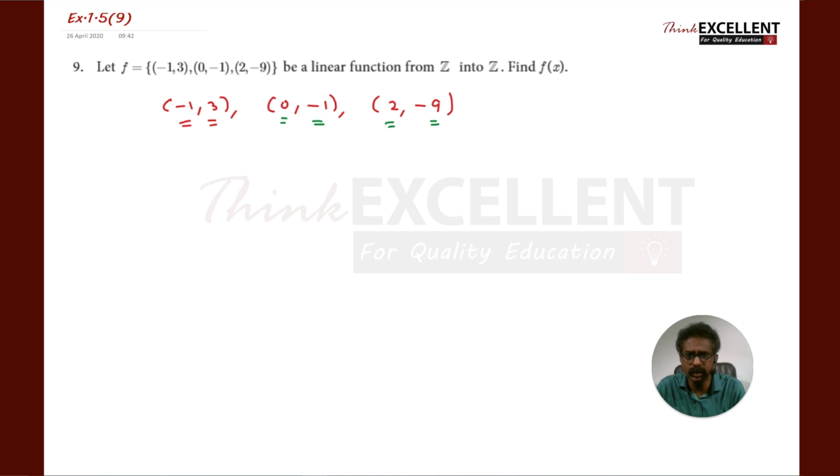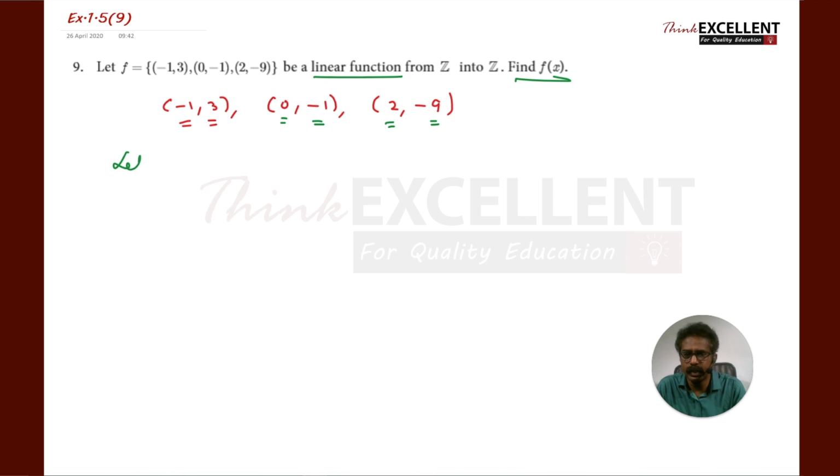So what they asked us to find: let f be a linear function from Z to Z. What is Z? The set of integers. What are integers? 0, 1, 2, 3, 4, -1, -2. So that is the set of integers. Z into Z. Find f(x). f(x) is the linear function. We have to find the linear function, right?